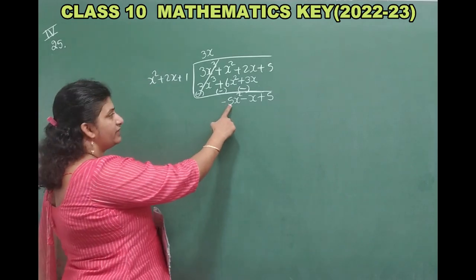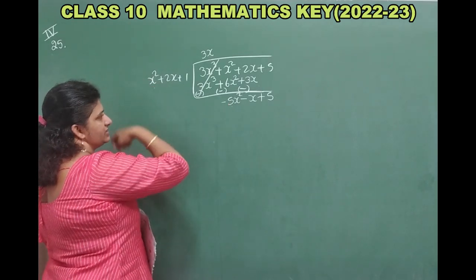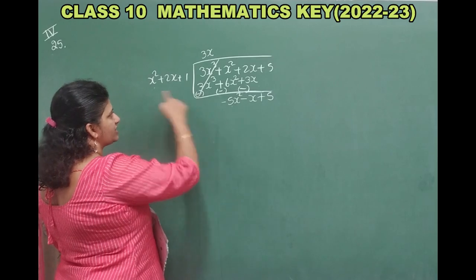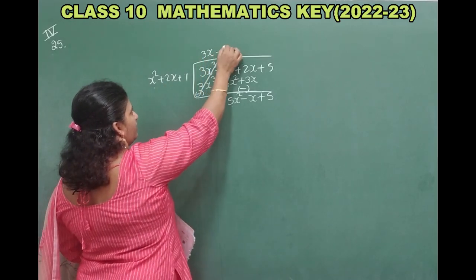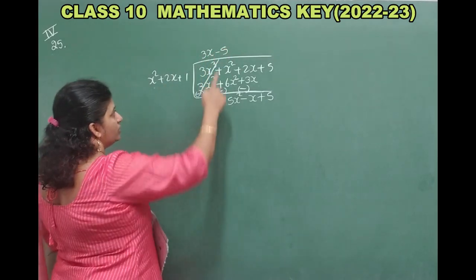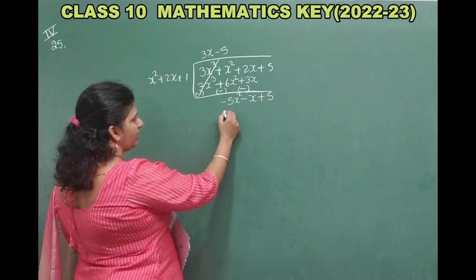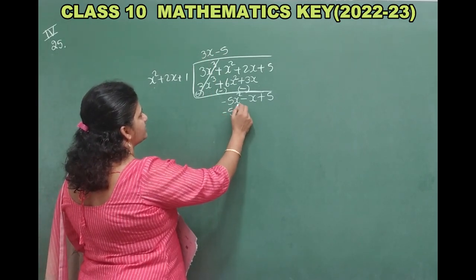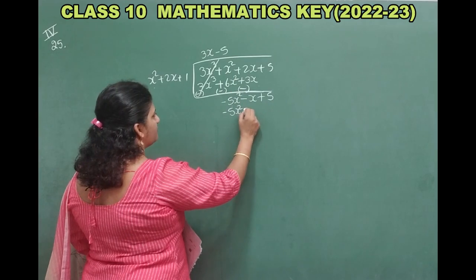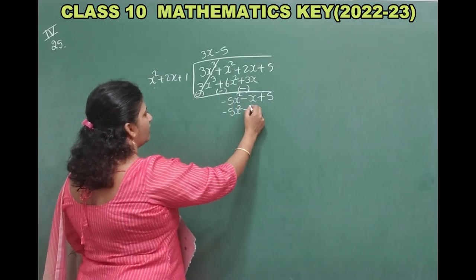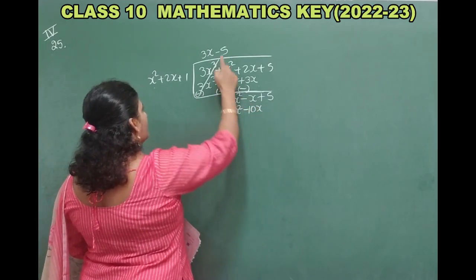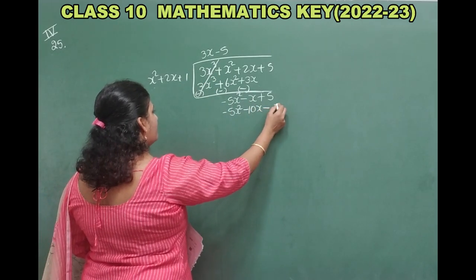Again, divide the first term with the first term here. Minus 5x square by x square, it will be minus 5. So multiply with minus 5 again. Minus 5x square, plus into minus, minus 5 2s are 10x, minus into plus, minus 5.